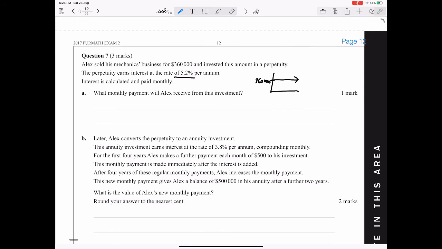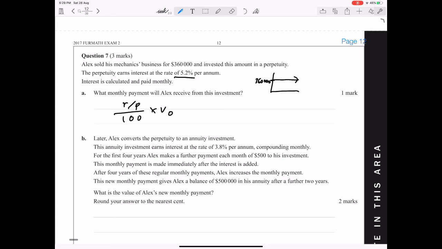Since Alex's monthly payment is going to be the interest the perpetuity earns, the rule would be R on P on 100 times V0, which is the value he invested, and that will give us his monthly payment. We know that r is the yearly interest rate, or the interest rate per annum. P is the compounding periods, and V0 is how much money Alex invested into the bank.